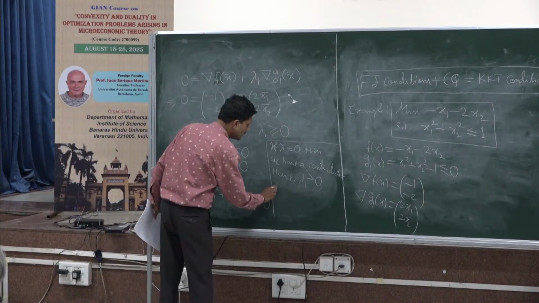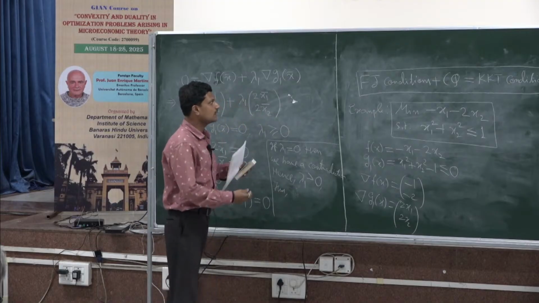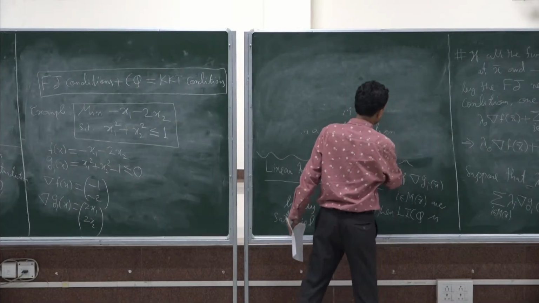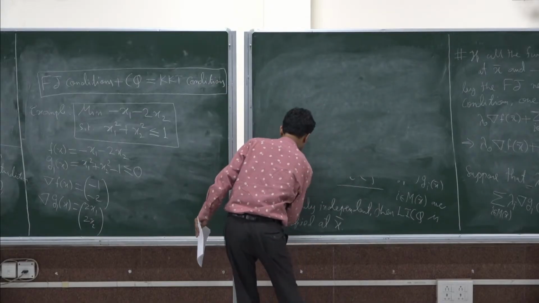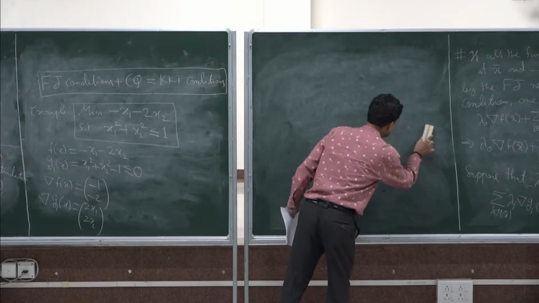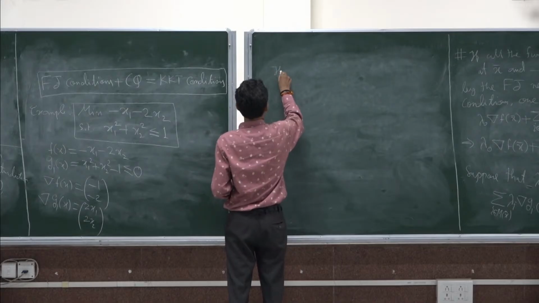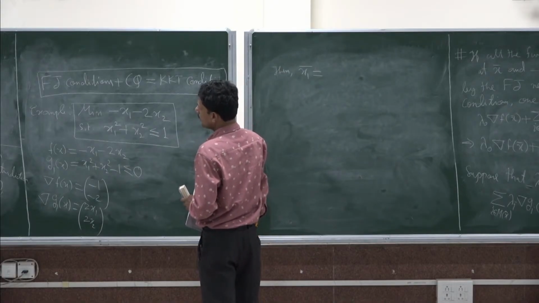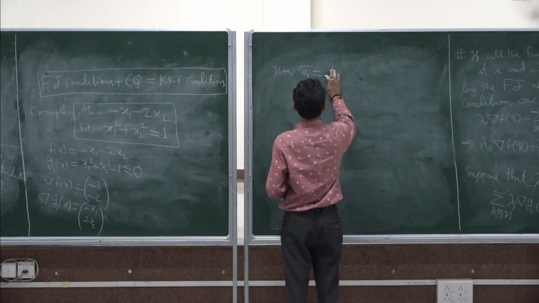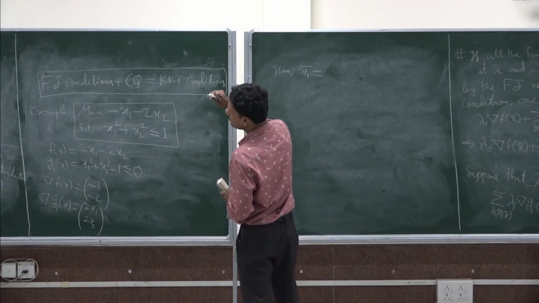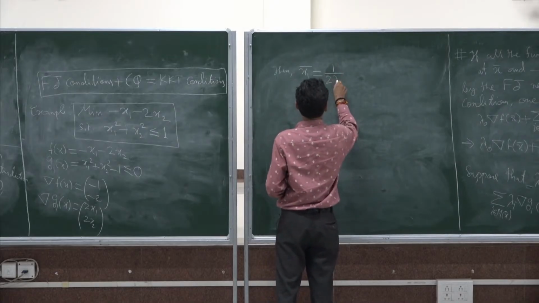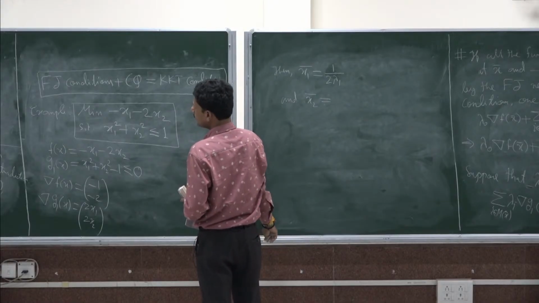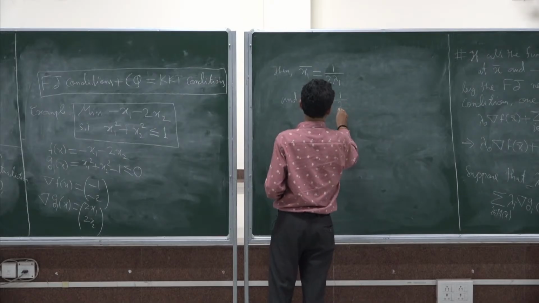Thus, x1 bar can be written as 1 upon 2 lambda 1, and x2 bar is equal to 2 upon 2 lambda 1, that is 1 by lambda 1, right?